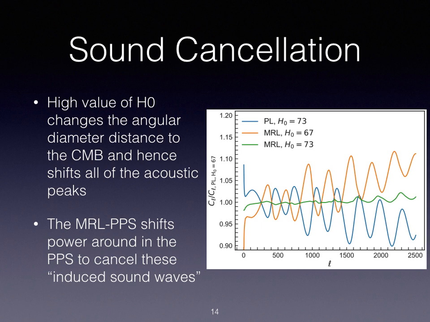And these are all plotted relative to the best fit power law lambda CDM model with H0 of 67. So the two different modifications, shown here in green, again induce basically equal and opposite changes to the C_ls. And so when they're combined, they induce basically no change.